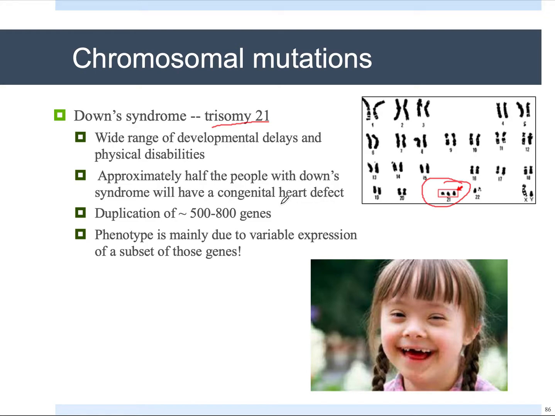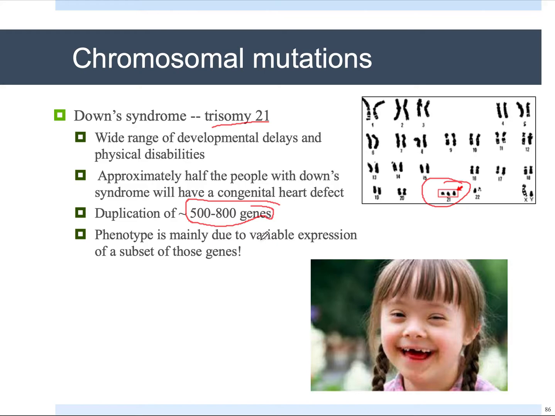That duplication is a result of about 500 to 800 extra genes that have been added. Phenotypically, it leads to various expressions. It results in developmental delays and physical disabilities as well.